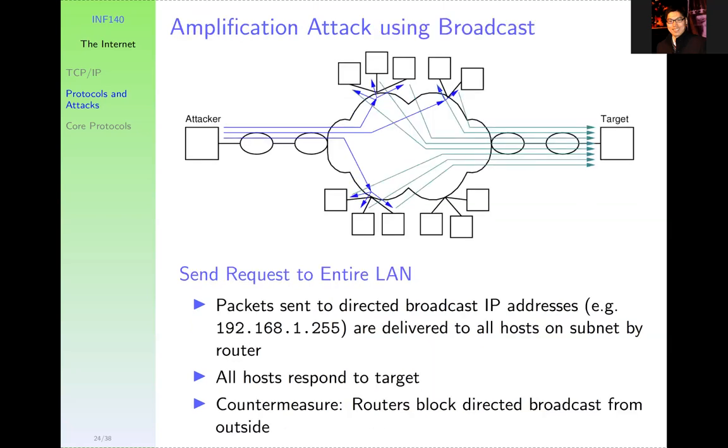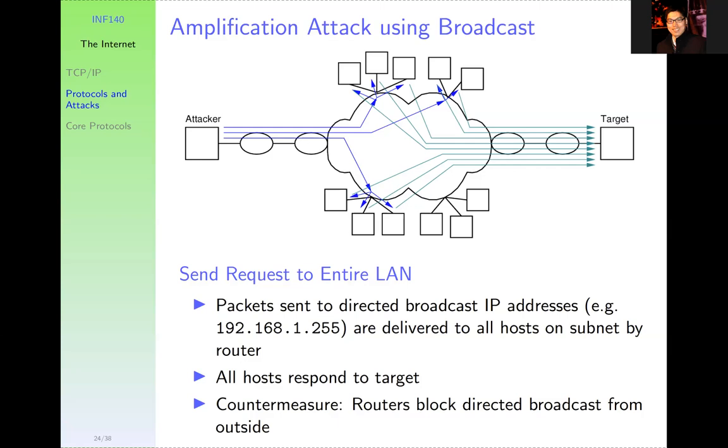How can this attack be amplified? Well, the attacker sends the ping request with the source IP address as the target, and the destination IP address as the IP address of a whole network.